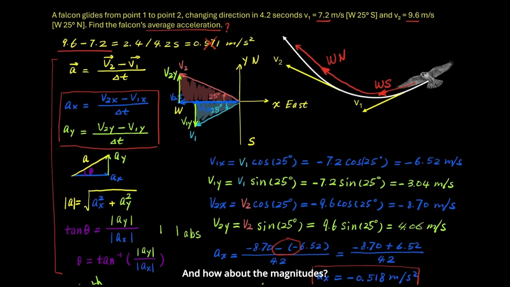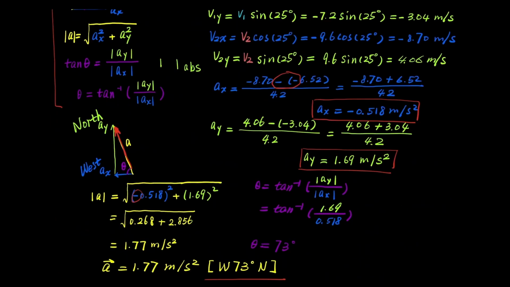And how about the magnitude? The falcon was going west the whole time. It just got slightly faster. So AX should be small compared to AY. And it is. We have 0.518 compared to 1.69. This is also expected. Now imagine you got something like east 60 degrees south as your answer.